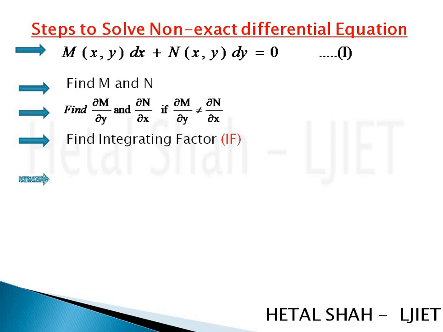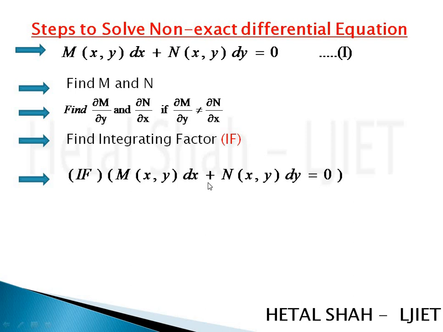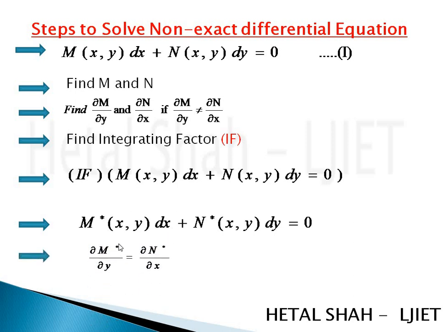And for solving this non-exact differential equation, we have to find an integrating factor, IF. By multiplying this integrating factor with the given differential equation, we convert the non-exact differential equation into the exact form, that is M star dx plus N star dy. Now we check the exactness of the new differential equation by del M star by del y equal to del N star by del x. This is the necessary and sufficient condition for exactness.